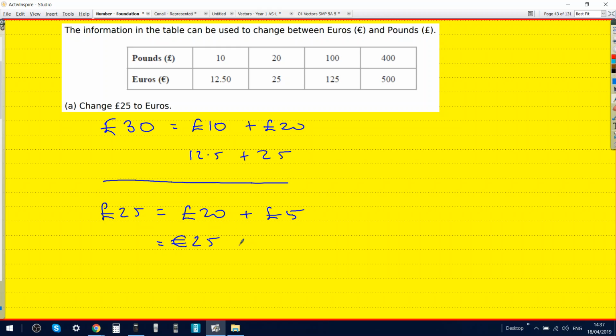Half of 12.50: half of 12 is 6, half of 50 is 25, so 6.25. And so your final answer would be 11.25, added on to the other one, which was 25.